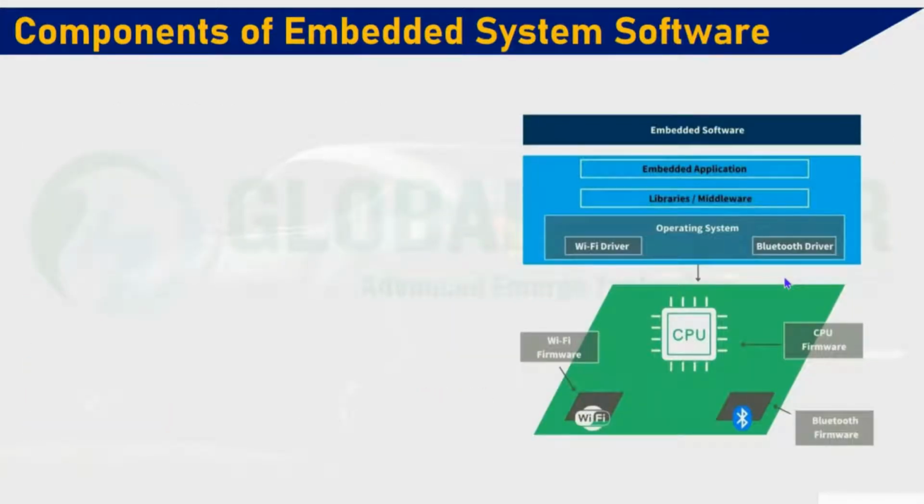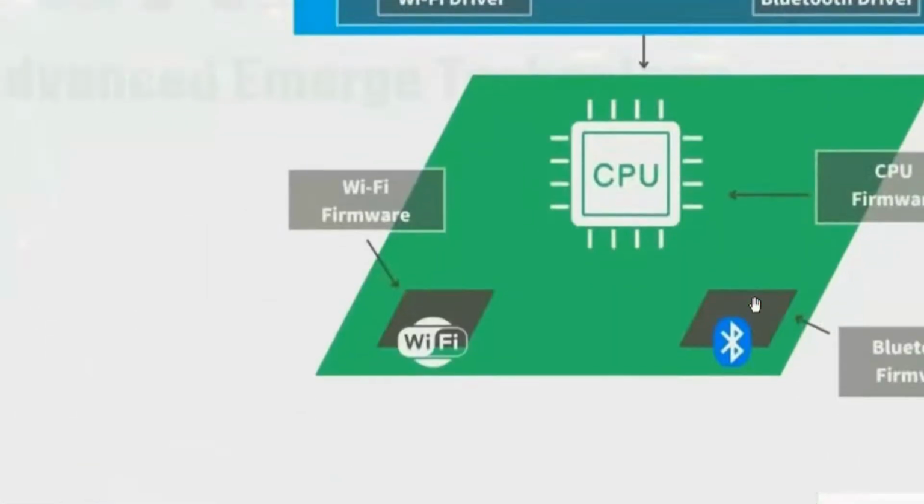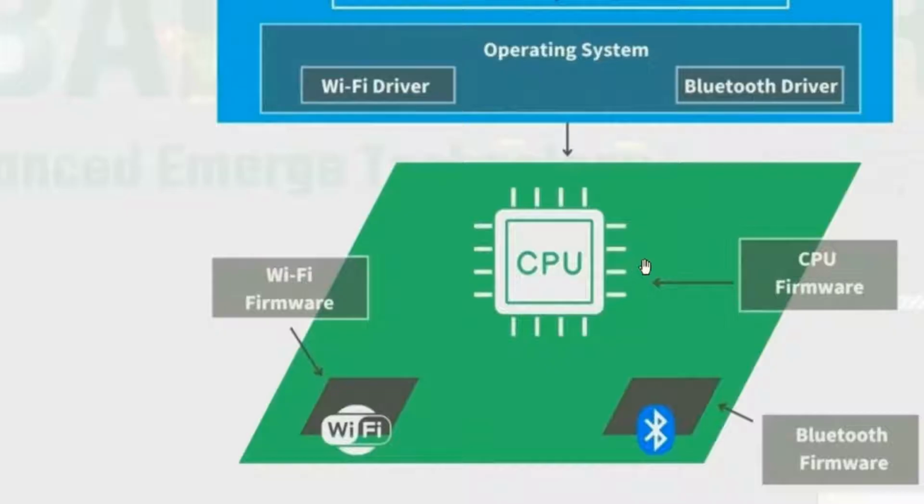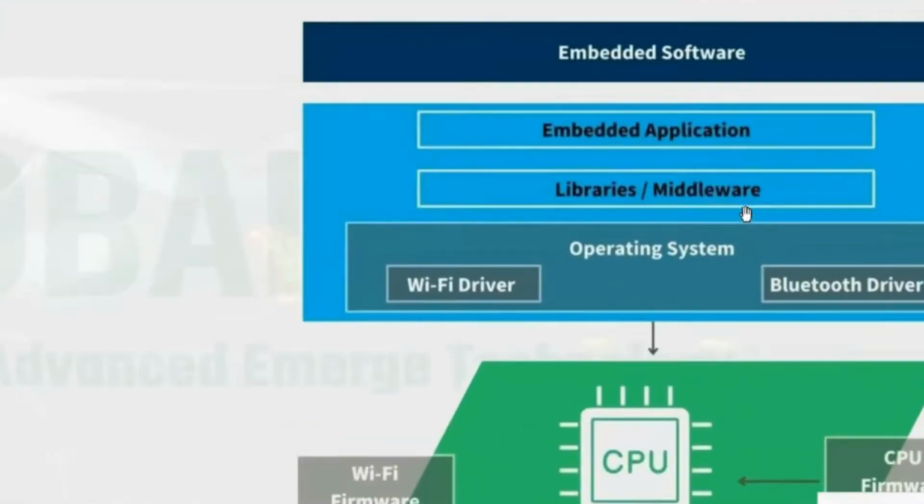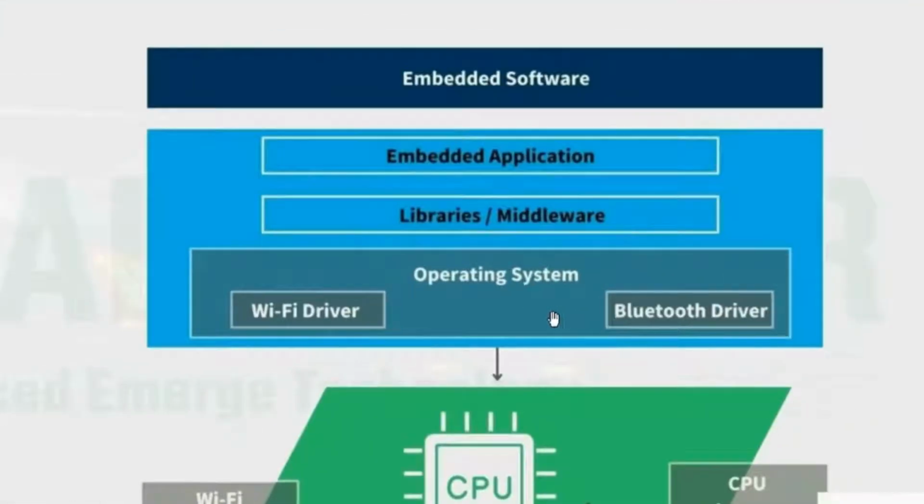Just to understand the components of embedded system software, here we have the real hardware, the CPU, the firmware related to Wi-Fi, the firmware related to the CPU, and the firmware related to Bluetooth. That will be added at the hardware junction. On top of that, we have the operating system, the OS, and the application software will be added.